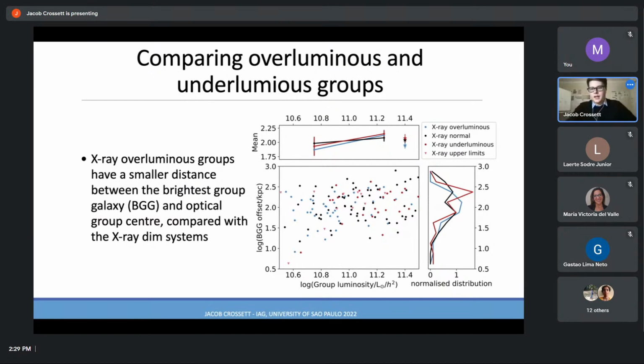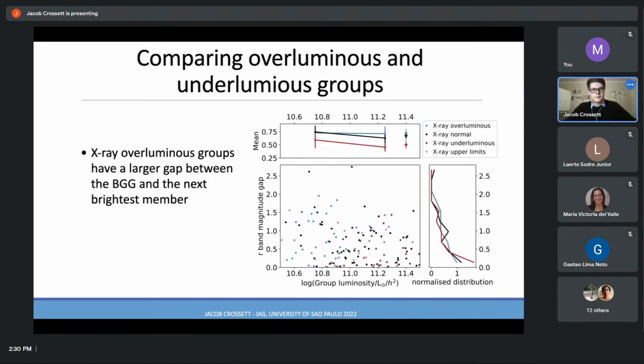We can see that in the right-hand panel, where the normalized distribution shows that the blue curve of the overluminous groups seems to have a lower log BCG offset. And in the top panel, the three stars show the mean for the entire sample, and the two lines show the mean in the upper half and the lower half bins. So we see on average that the BCG is more centralized in the overluminous groups.